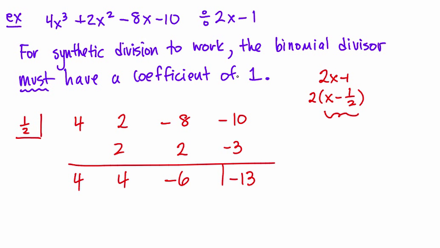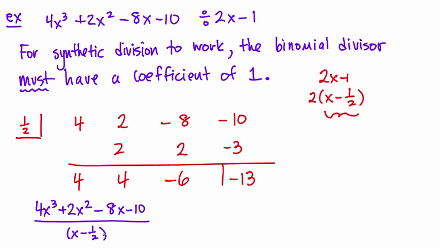So it looks a little bit like this. When I take that polynomial function and divide it just by the x minus 1/2, I get 4x squared plus 4x minus 6 plus negative 13 over x minus 1/2. But I need to divide it by 2x minus 1, or 2 x minus 1's.